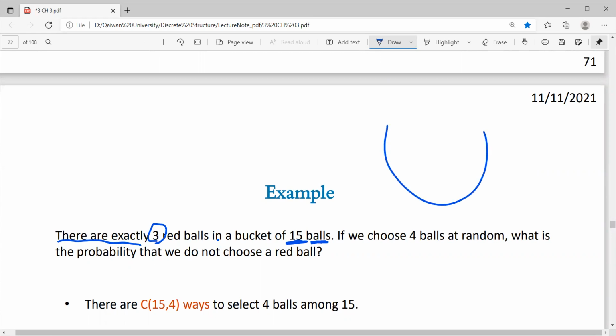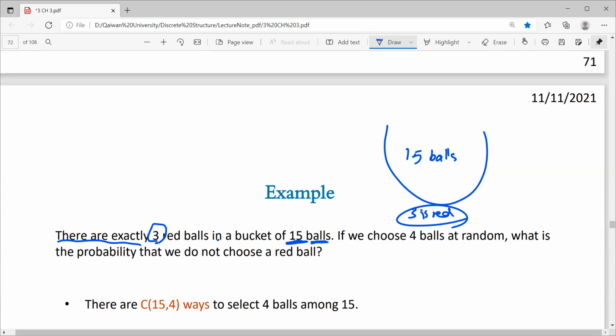In the bucket, we have 15 balls. Among these 15 balls, 3 of them are red.